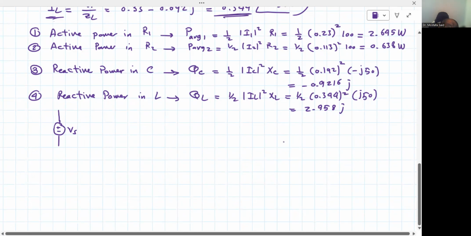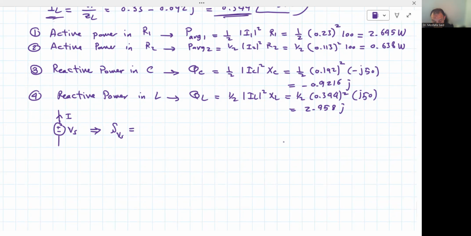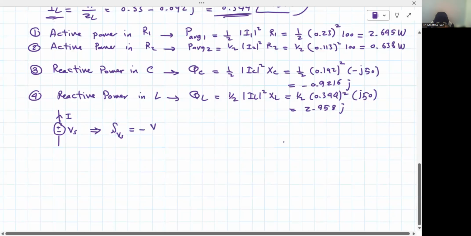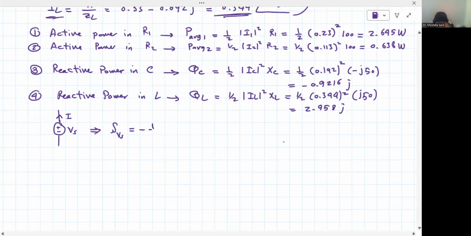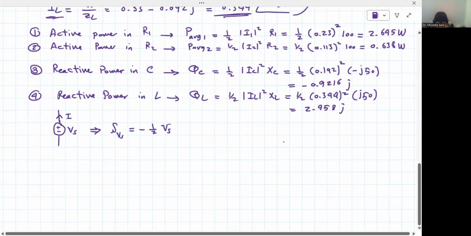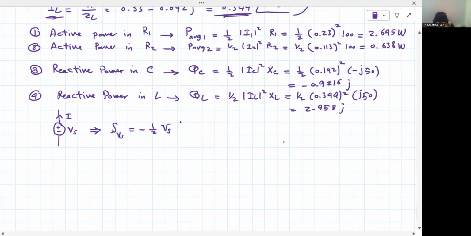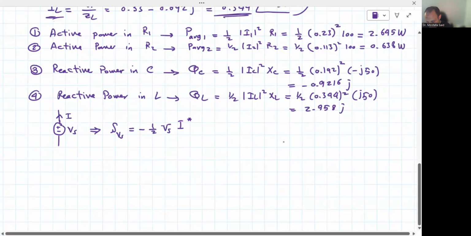If you assume the current is like that, let's call it I, then the power of this source, let's call it S, S is for the source power, S_VS, the complex power of that source VS, is equal to, and it's very important, if you assume the current is going like that, minus half VS and I conjugate.